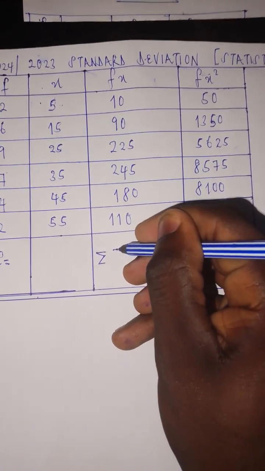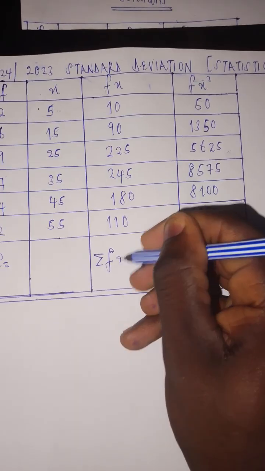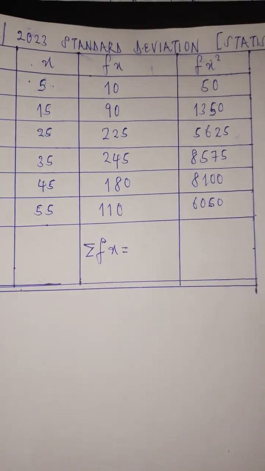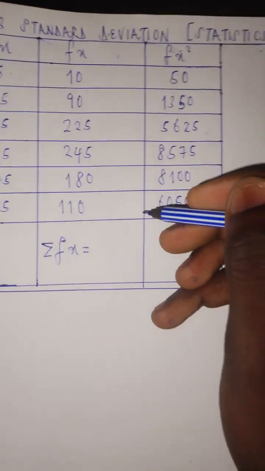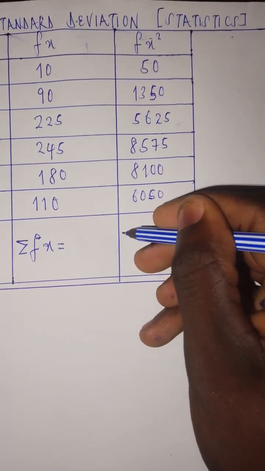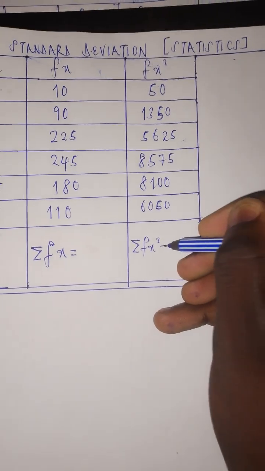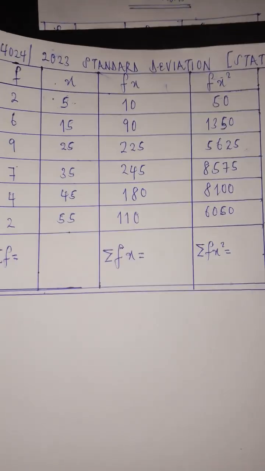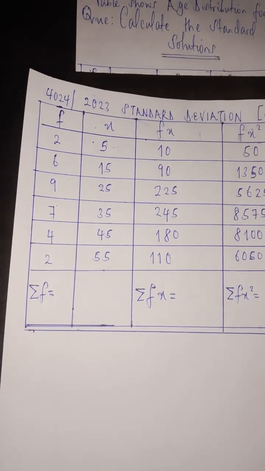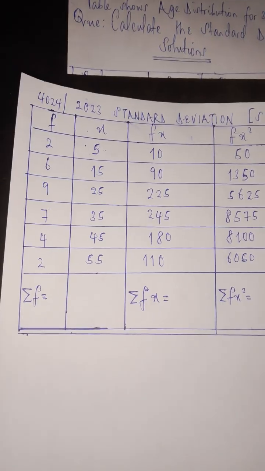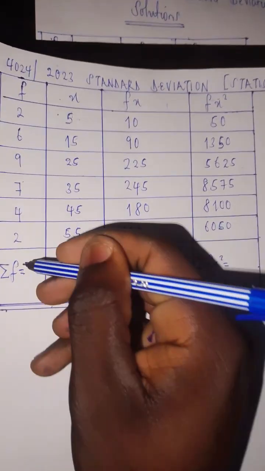So I'll say summation of frequency multiplied by midpoint. Then here I'm going to say summation of frequency multiplied by midpoint square. So I'll add first the frequency, that is 2 plus 6 plus 9 plus 7 plus 4 plus 2, and that is giving 30.